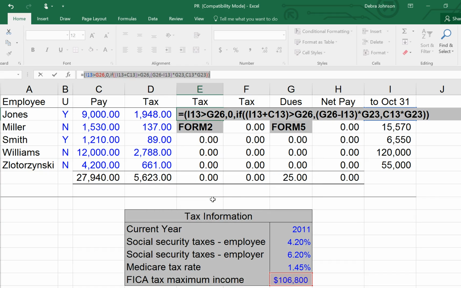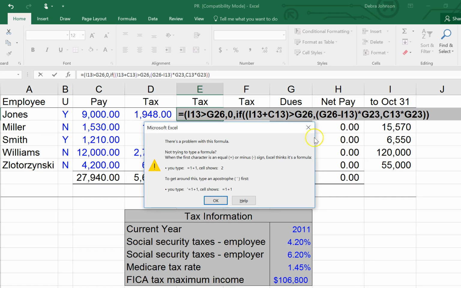I'm looking it over. And again, if I13 is greater than G26, then 0. If what he's made plus this period is greater than G26, then I want to tax the part that's over. Otherwise, I want to tax the whole thing. So I have 4 opens and 1, 2, 3, 4 closed.